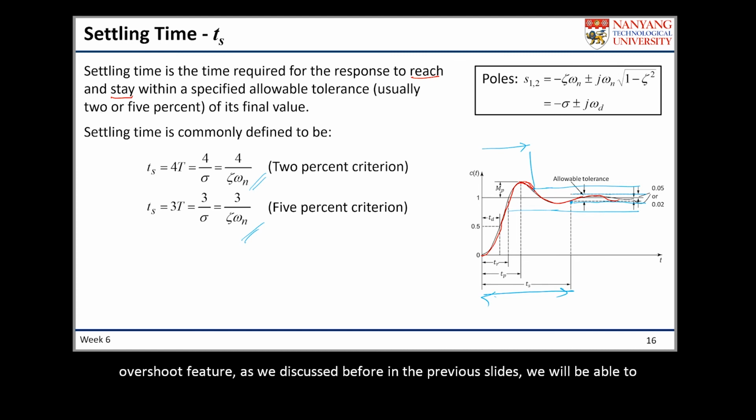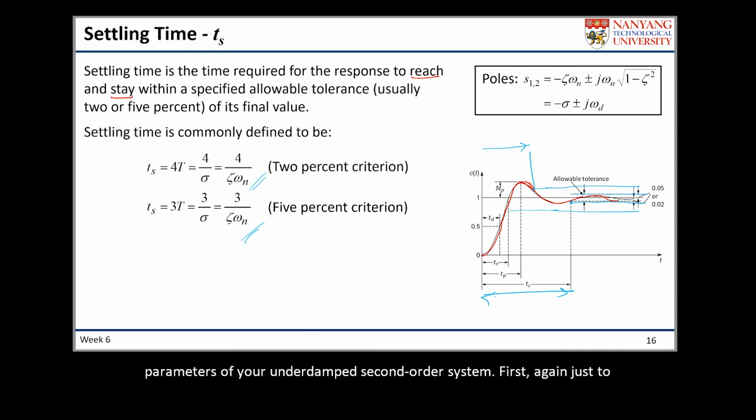As we discussed in the previous slide, we will be able to estimate zeta. Once you know zeta from the maximum overshoot, you can estimate the other parameter, omega n, using settling time, peak time, or rise time. Okay, so that's how to estimate the parameters of your underdamped second order system.